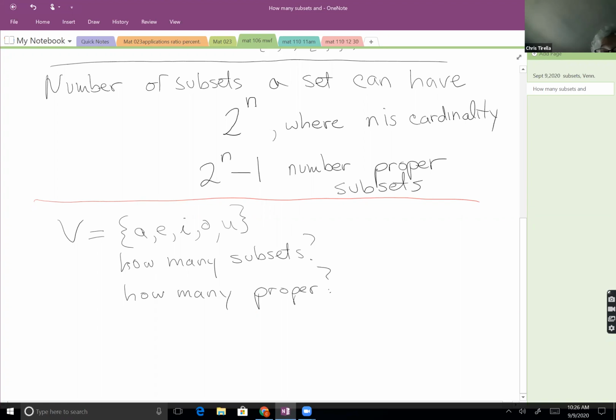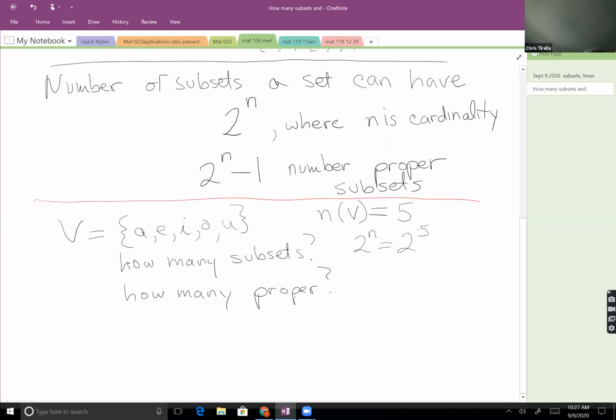The formula for the number of subsets is 2 to the n, where n is the cardinality. So the first thing we have to do is count. How many things are in the set? A, E, I, O, U. I think there are 5. We're going to have to take 2 to the 5th.